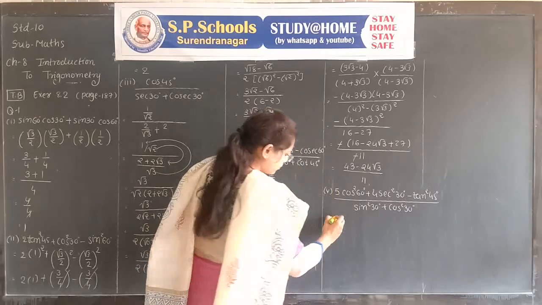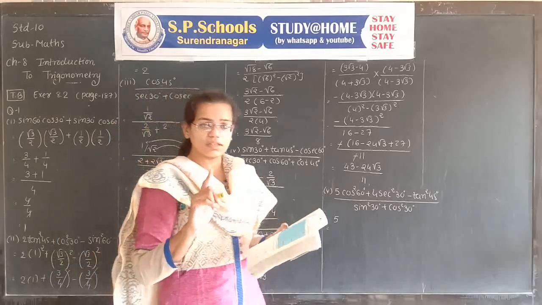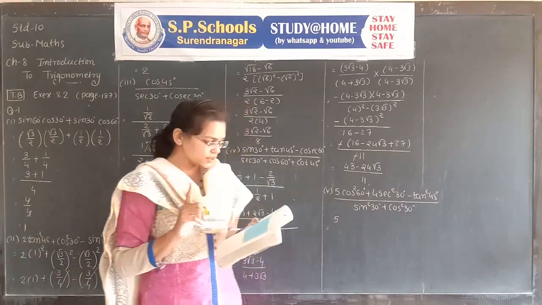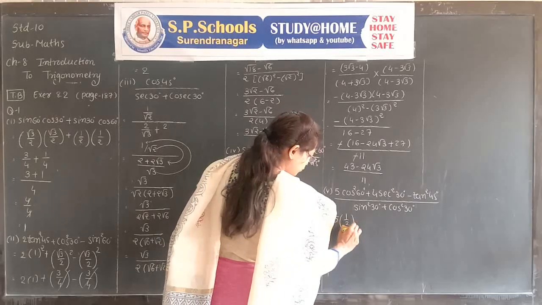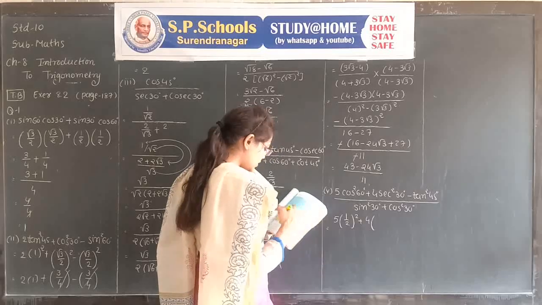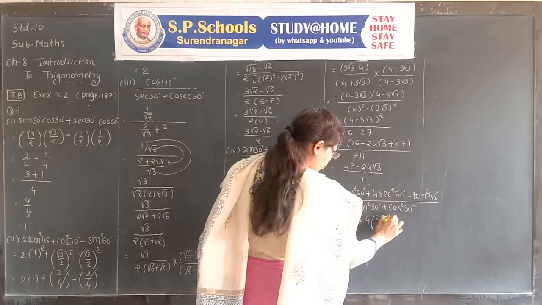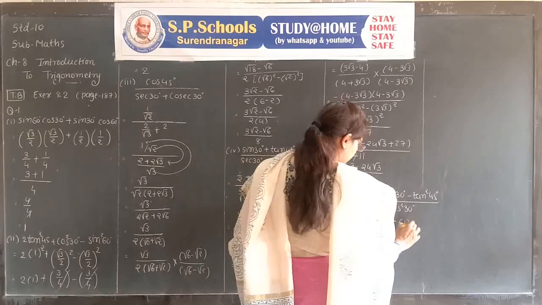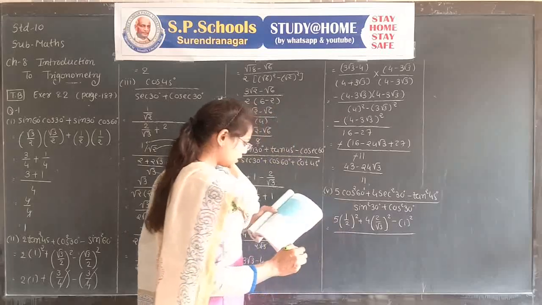See, 5 as it is. We don't know the value of cos square 60, but only cos 60. Cos 60 is 1 upon 2, so (1 upon 2) square, plus 4 as it is, sec square 30. Sec 30 is 2 upon root 3, whole square, minus tan 45 square, which is 1, upon sin 30.